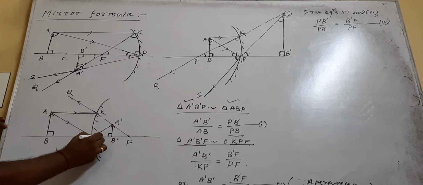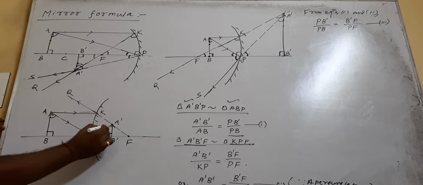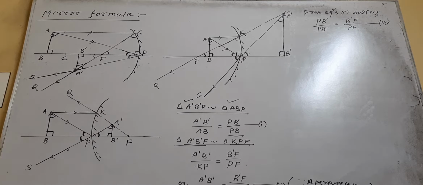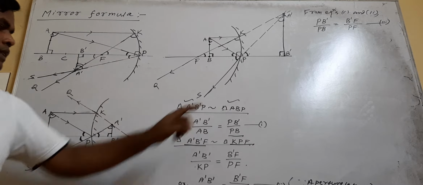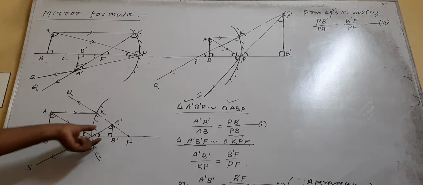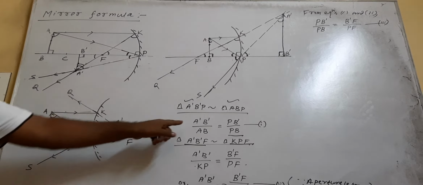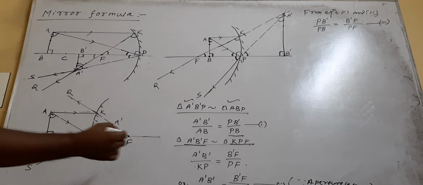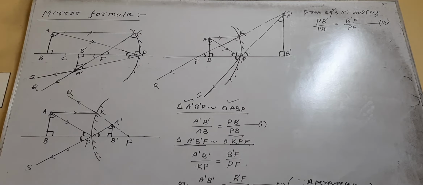So this angle equal to this angle. So definitely, the third angle will be equal. So these two triangles ABP and A'B'P are similar. So you can write A'B'/AB is equal to PB'/PB.